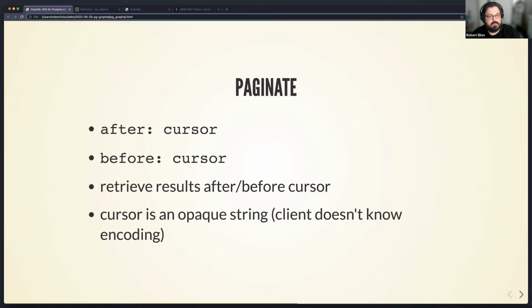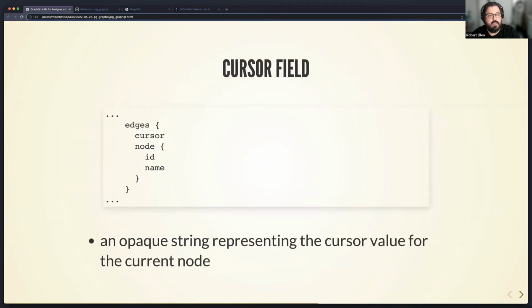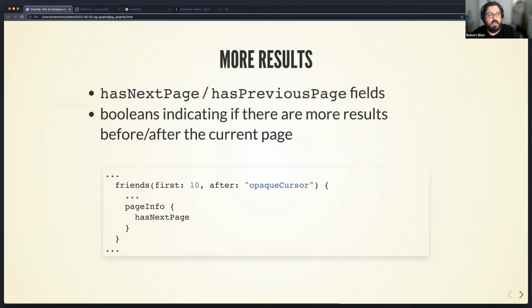And as I mentioned, the cursor is an opaque string that can be of any format, so long as the server can map that to a particular record to know what the offset should be. The client can work out what cursor each individual record is, because there's a cursor field, and to work out if there are more results, there's the has next page, has previous page.